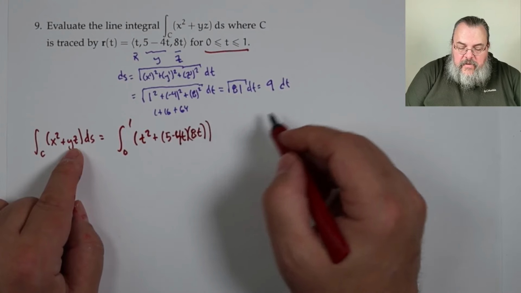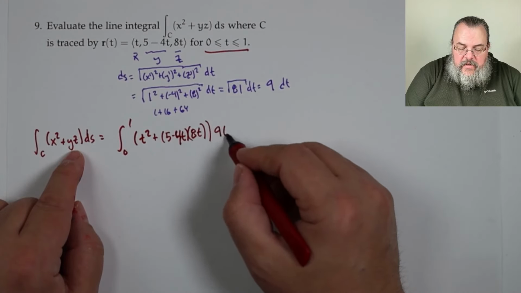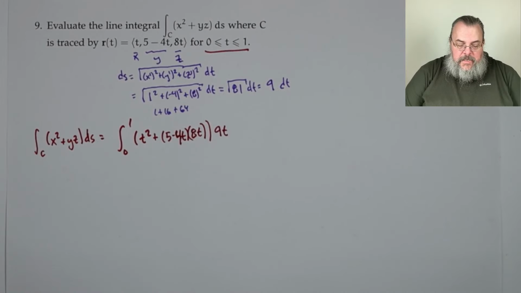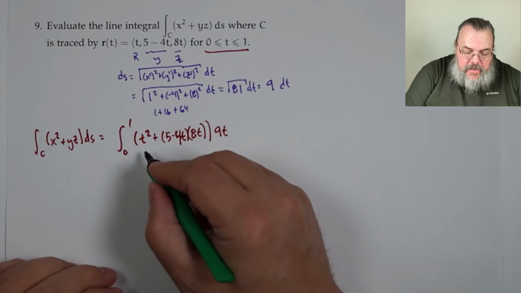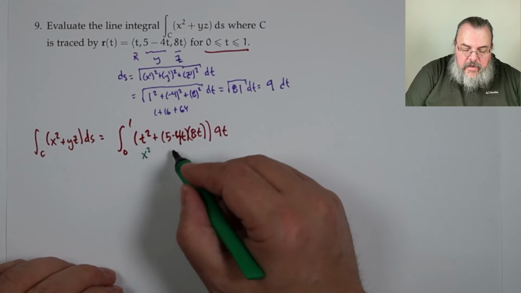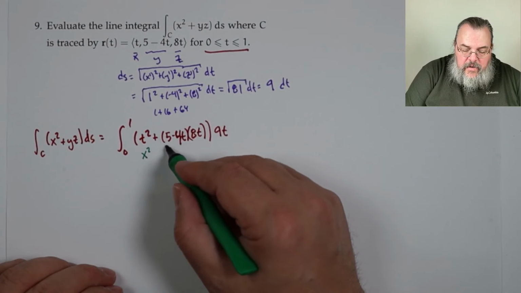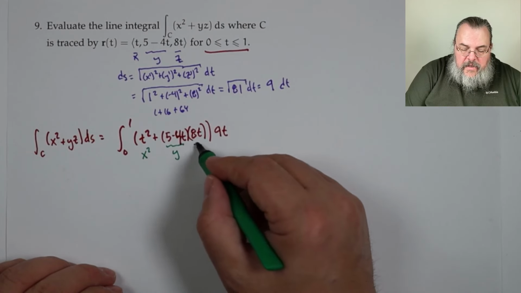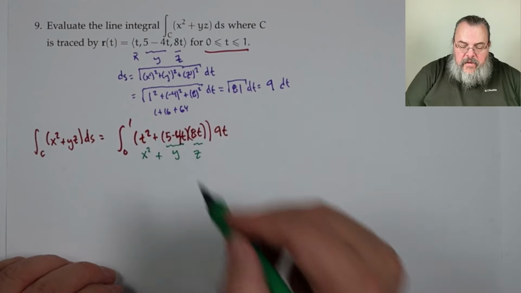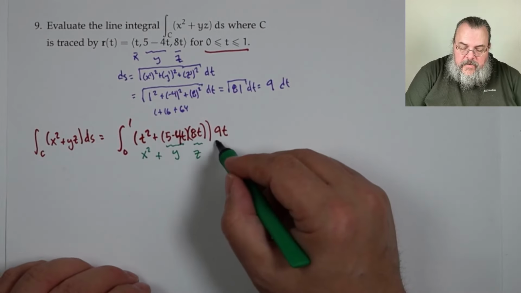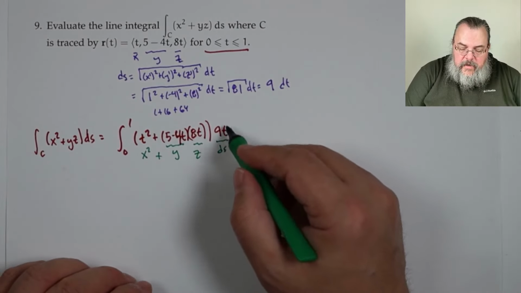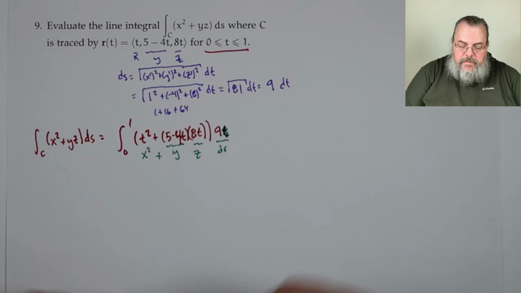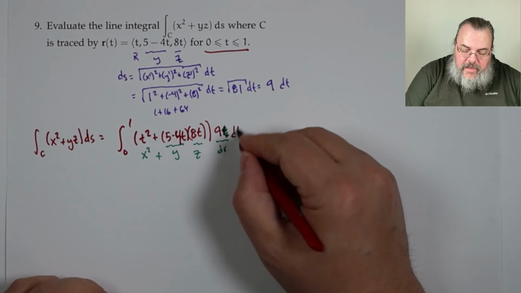And ds is 9t. Just recapping here, x squared, and here you get y, z. And this is our ds, and I put 9t, whoops, I shouldn't have put 9t, I should have put 9 dt. There we go, sorry about that.